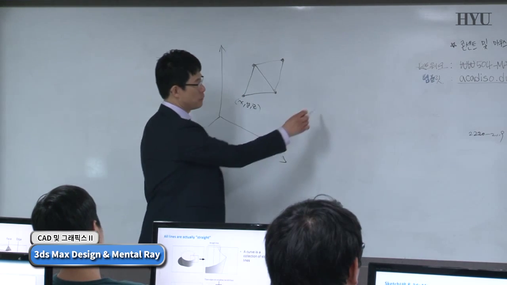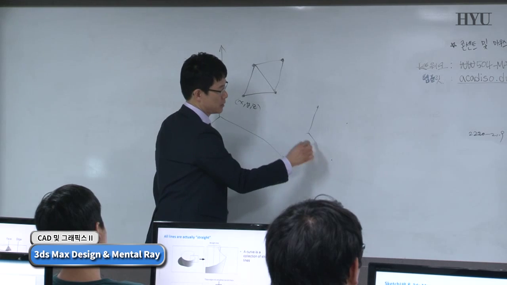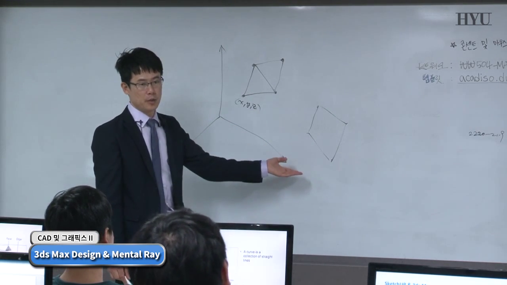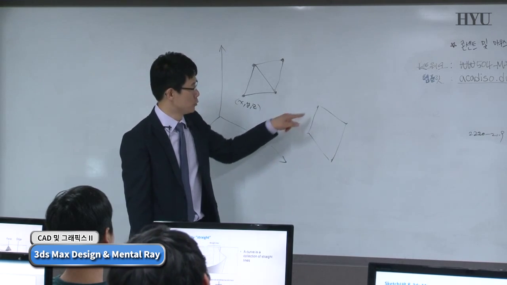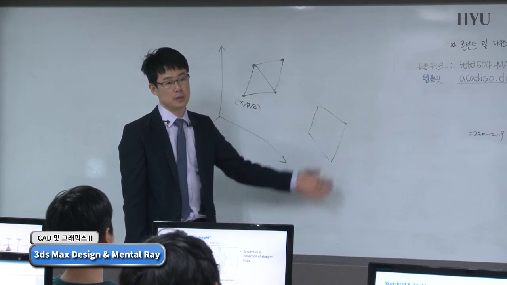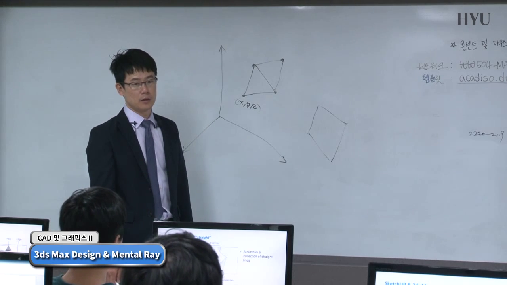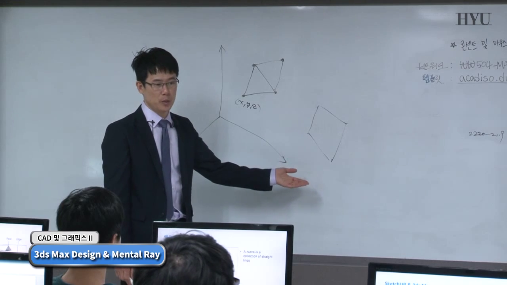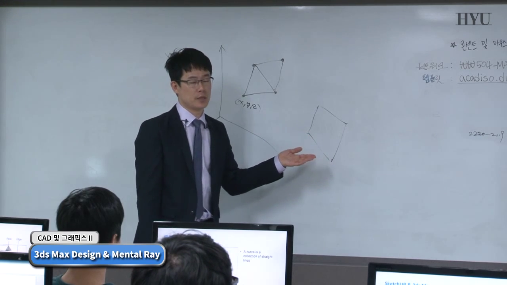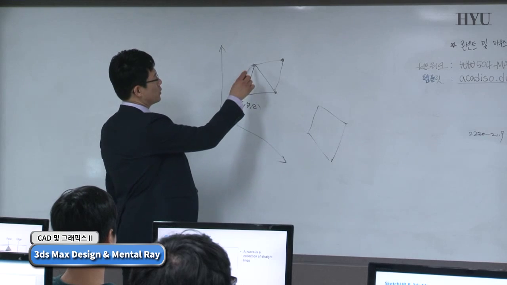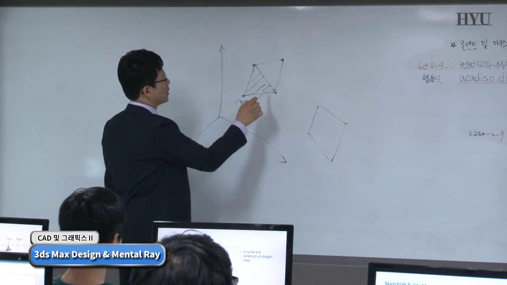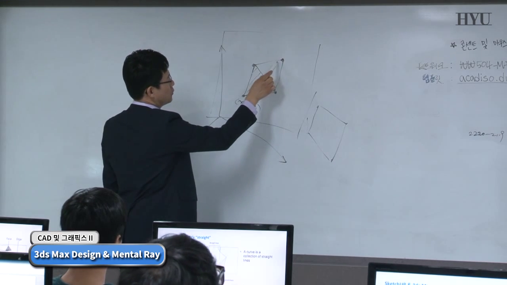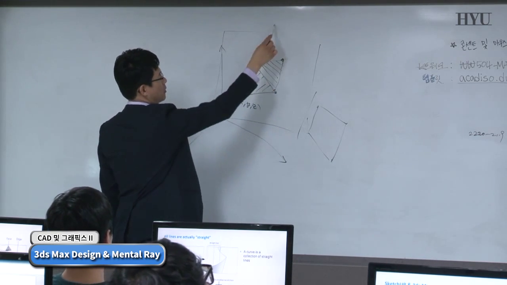But if we have 4 different vertices in 3D Cartesian coordinate system, it's not possible for all those 4 vertices to be placed in a single plane, okay? Mathematically, sometimes it's possible, but we say it's almost not possible. So for this one, we have one single plane, and for this one, we have another plane.